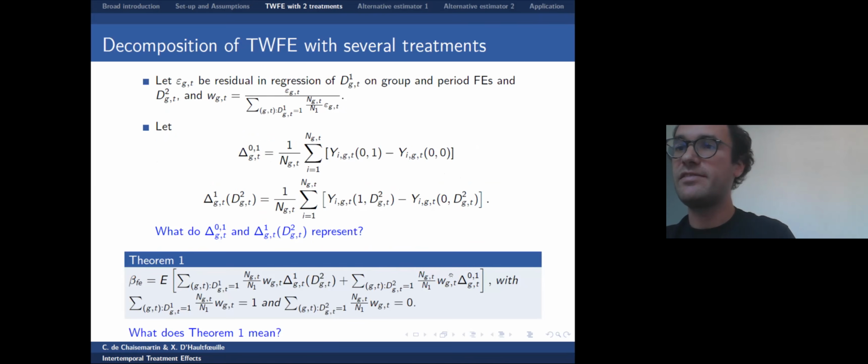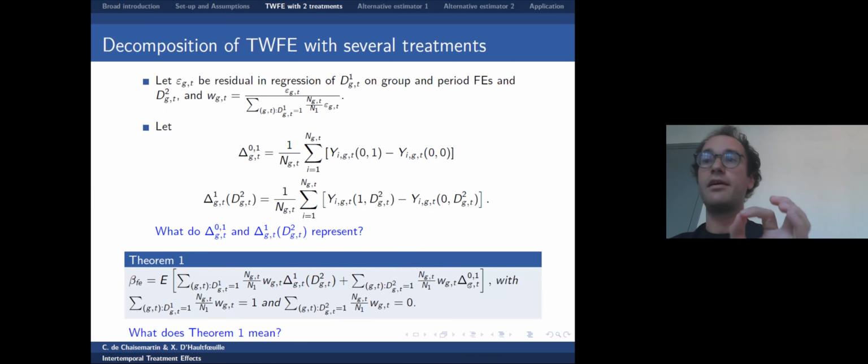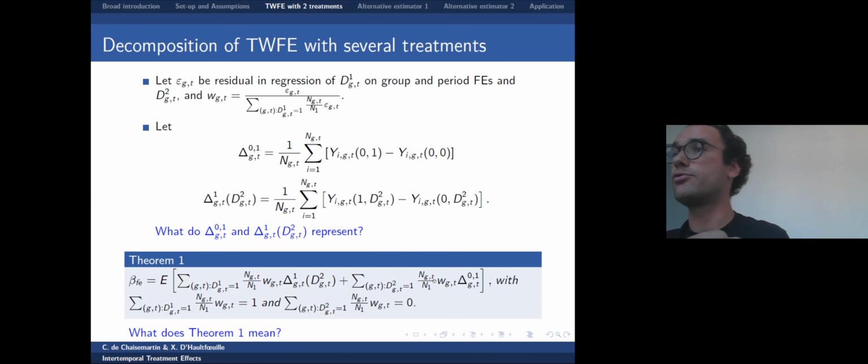And accordingly, if this delta 01 gt actually does not vary across g and t, it's just a constant, you can pull it out of the summation, and then the weights sum to 0, and so that term vanishes. So with constant effects, that second term here, you can forget about it. But with heterogeneous effects, that term is not going to disappear.